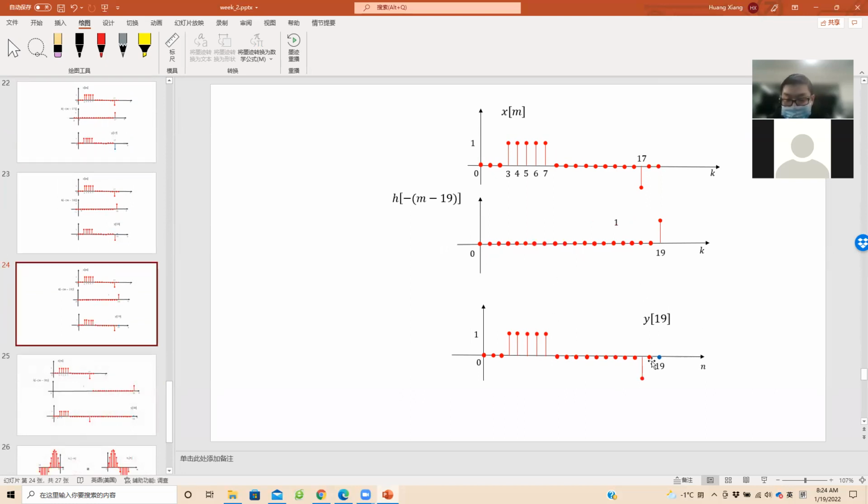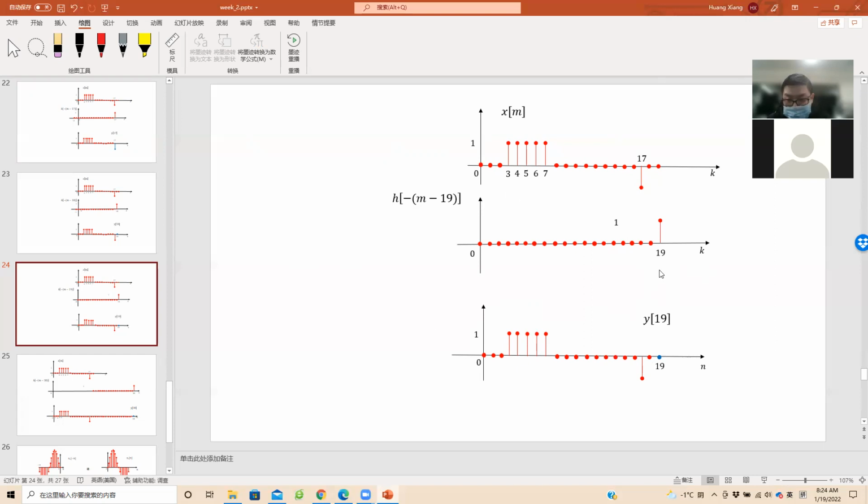You can see that when n equals 19, actually the output is basically the same as the input. That's because we are using the impulse function as the impulse response of this system.